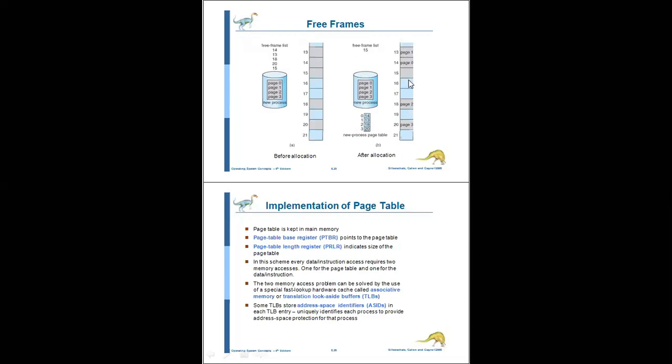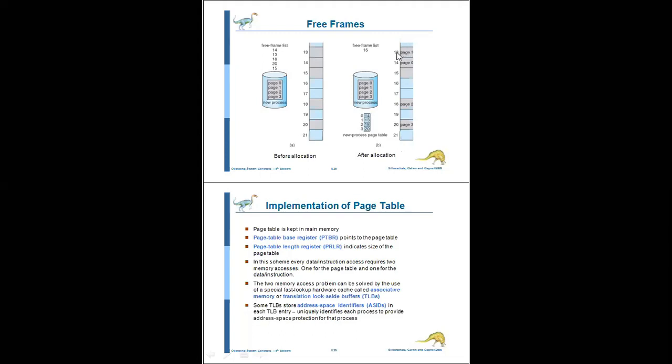Here the frame list is the physical memory: 13, 14, 15, 16, 17, 18, 19, 21. At the 14th frame, which page is stored? Page 0. Next, at the 13th frame, page 1.